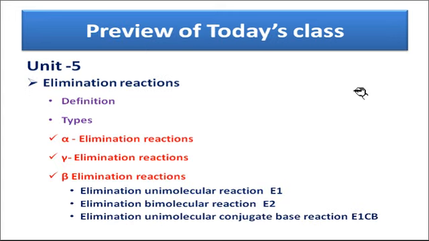Now let us look at what we are going to discuss in today's lecture. In today's class, we will learn about elimination reactions, in which the definition and the types of elimination reactions will be discussed. Among the types, we will discuss alpha elimination, gamma elimination and beta elimination reactions.